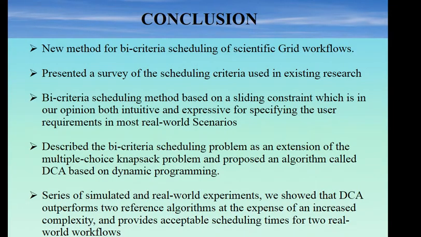So now coming to the conclusion, we first started with some common approaches for the scheduling criteria of workflows, grid workflows. We have introduced bi-criteria scheduling for the scientific grid workflows, and then presented a survey of the scheduling criteria used in existing research. I told two common approaches: using fixed criteria and assigning weights to the criteria.